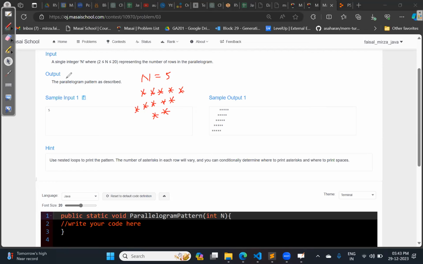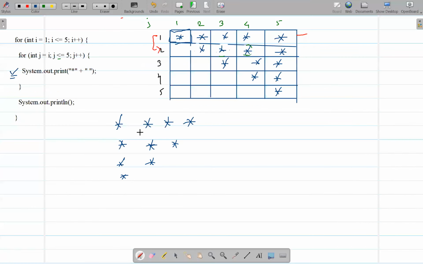Let us try to solve this on the board. So n is 5. So 1, 2, 3, 4, 5.